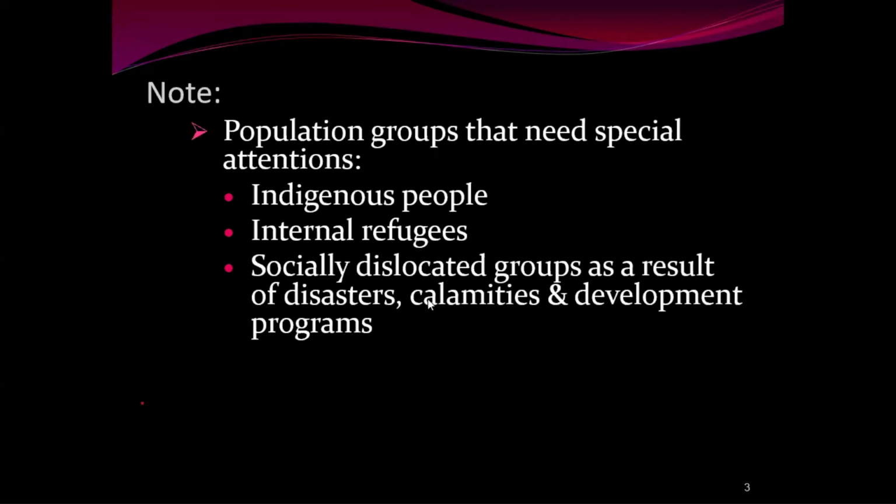And socially dislocated groups, as a result of disaster, calamities and development programs. We also have to find out the number of socially dislocated groups and their problems, and then how to solve their problems. We can get this from the demographic profile of these communities.